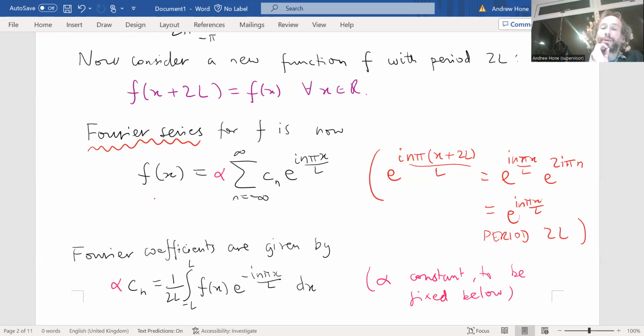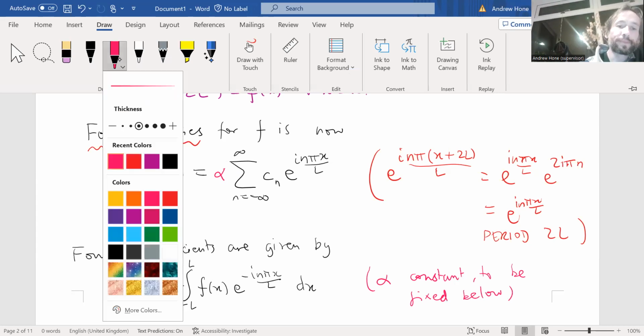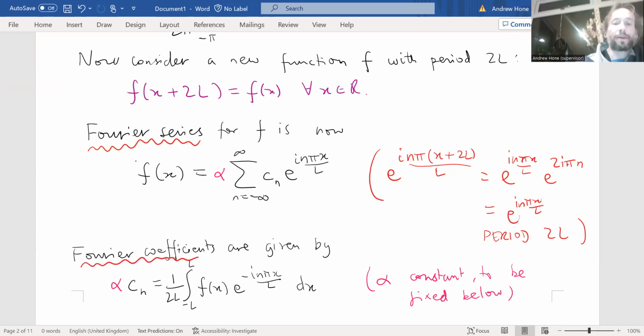So now I want to think about what happens with this periodic function. So I've got the Fourier series, and I've got the Fourier coefficients, which are given by this integral. And now what I want to think about is imagine a kind of limit where I look at letting the period, so 2L, the period of this function, get infinitely large.